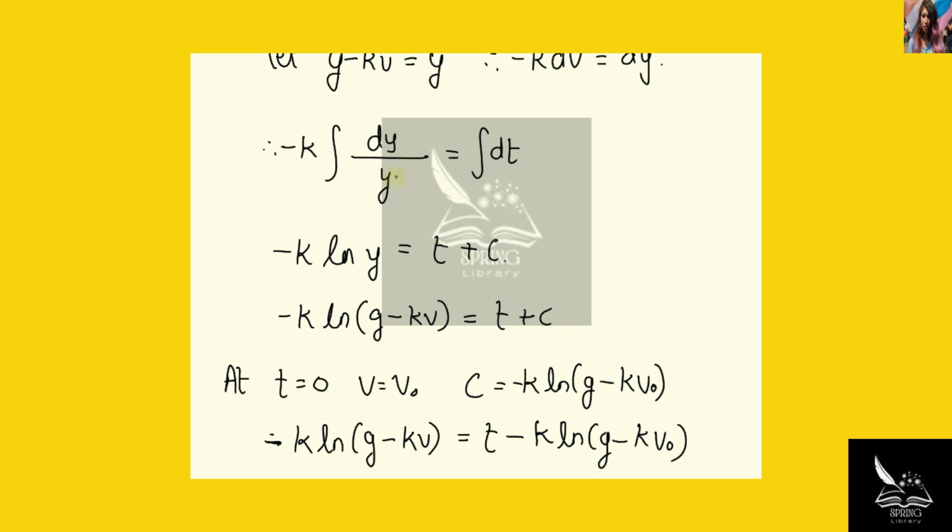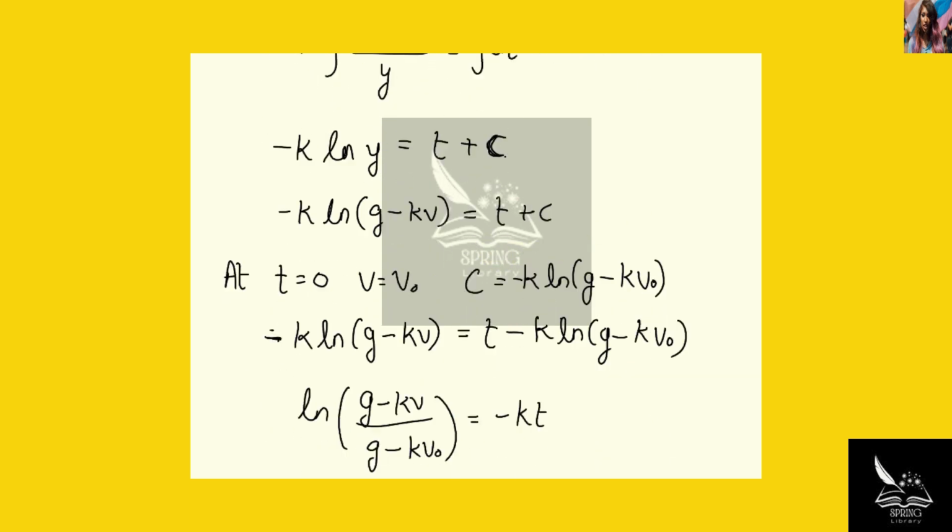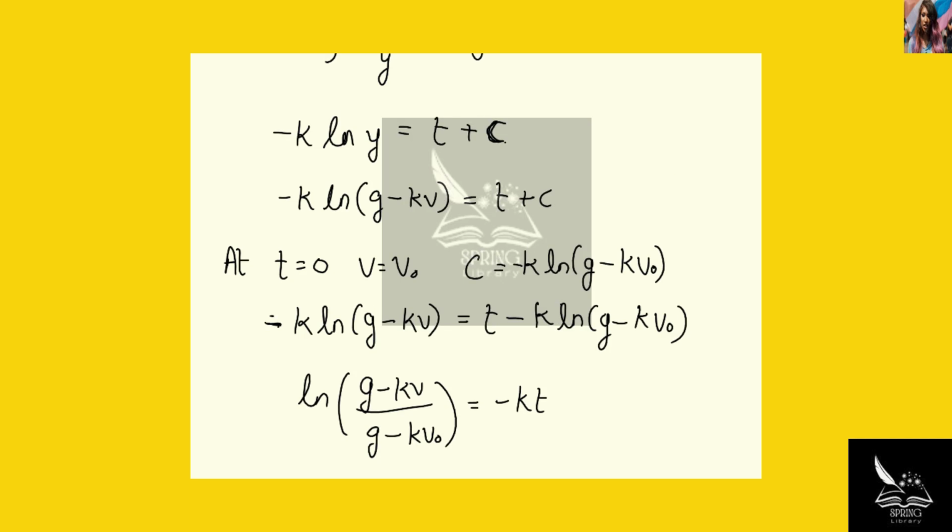Now we know that the integration of dy by y is the natural log, so it is minus k ln of y equals t plus some constant c, where c is the integration constant. We have to determine it by using the boundary condition. So I have just plugged the value of y back over here, because now I have to use the boundary condition. What does boundary condition mean?